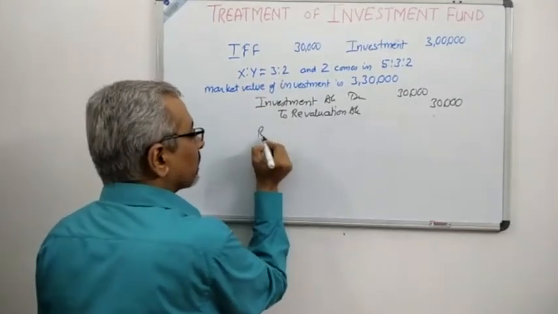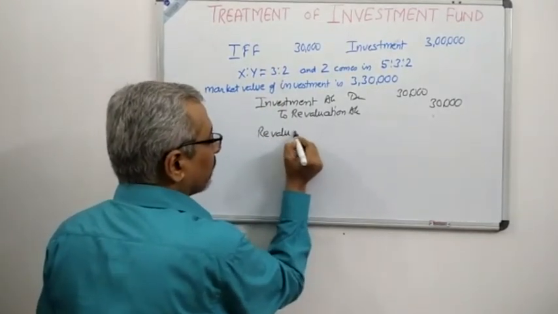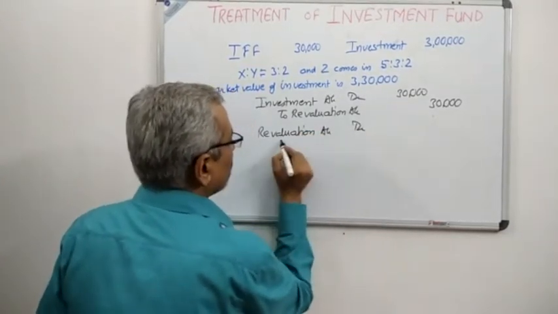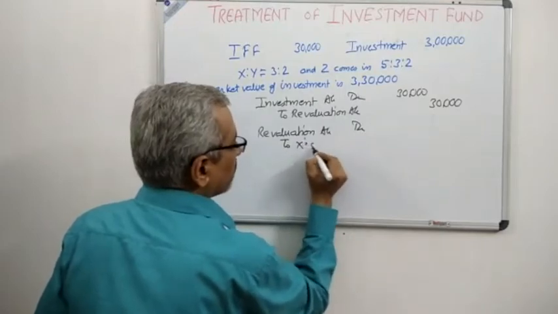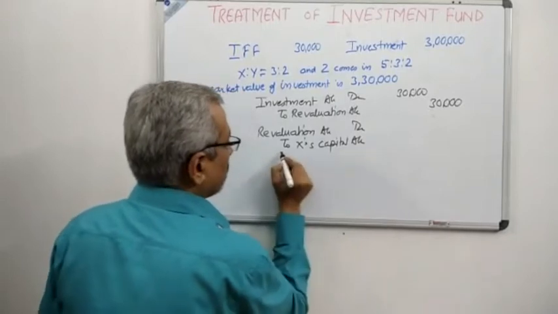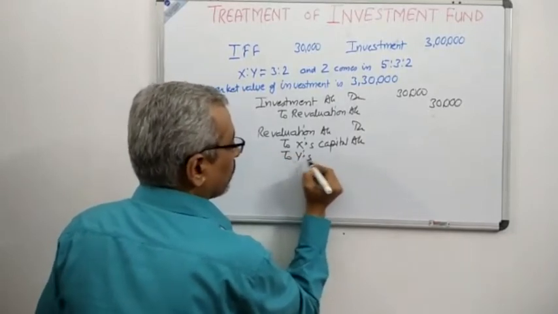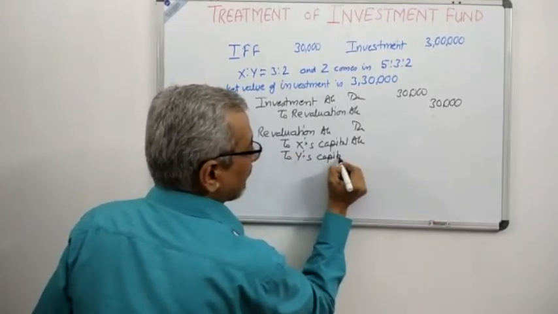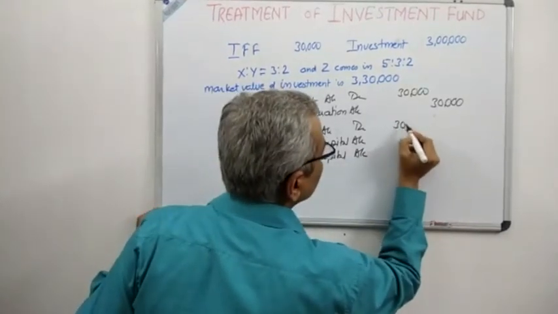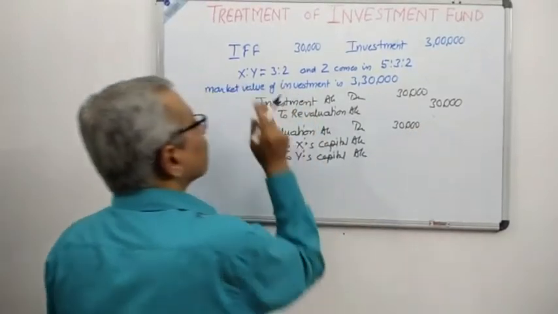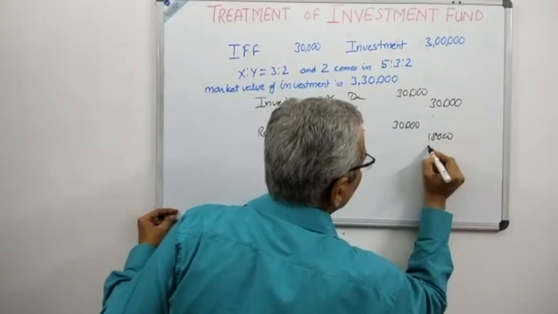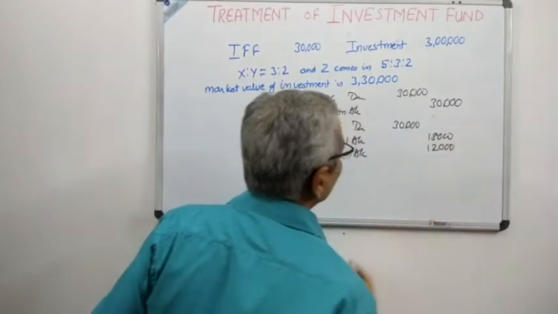Therefore, we'll do the next journal entry, that is revaluation account debit to X's capital account, to Y's capital account, and the amount, see very carefully, 30,000 in the ratio of 3:2. So 18,000 to the first partner and 12,000 to the second partner.